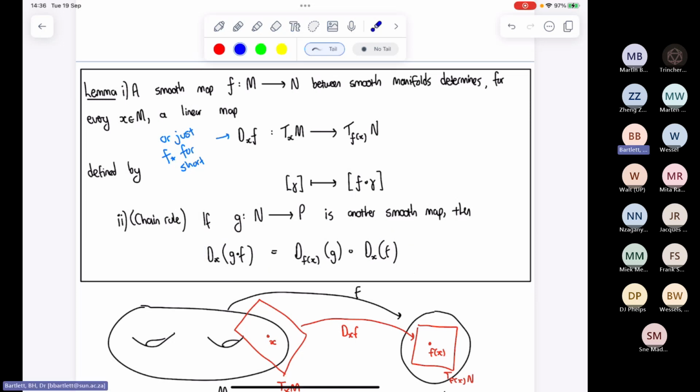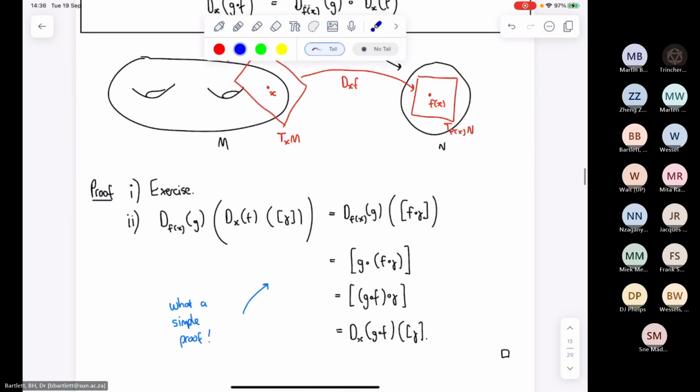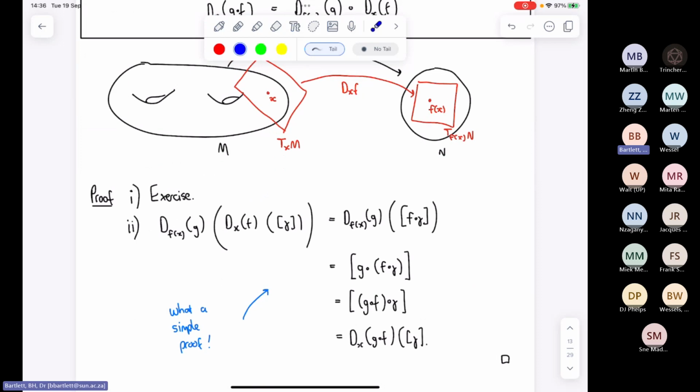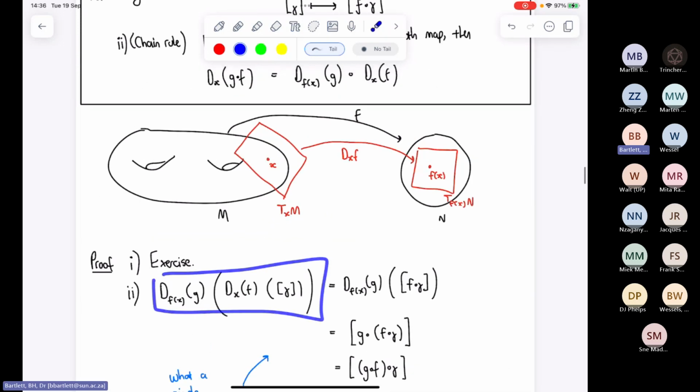Okay, so let's actually prove that, just so you can see how this works. I'm going to take the right-hand side and prove that it's equal to the left-hand side. So here is the composite of the derivatives. I start with the equivalence class of smooth curves gamma. I apply the derivative of f to that, and then I apply the derivative of g to that.